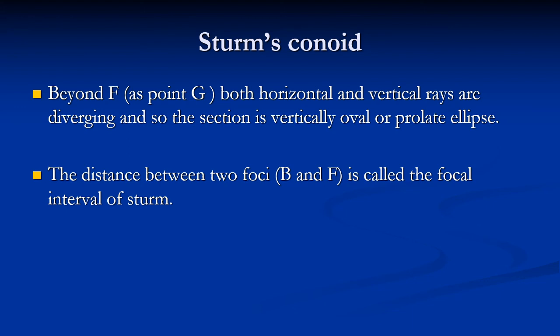And if one set of rays falls on the retina and the other in front of the retina, you call it astigmatism, that is, myopic astigmatism. If one is on the retina and the other behind, you call it hypermetropic astigmatism. So it can be simple, compound, or a mixed astigmatic error.